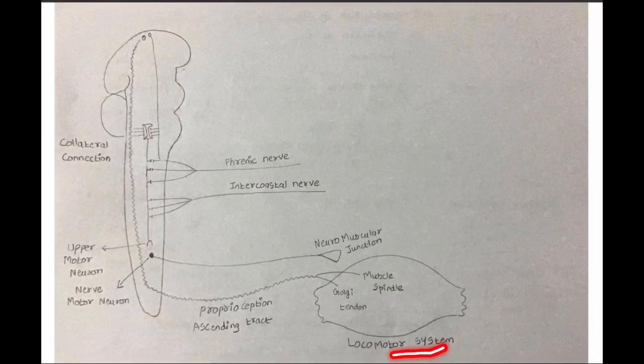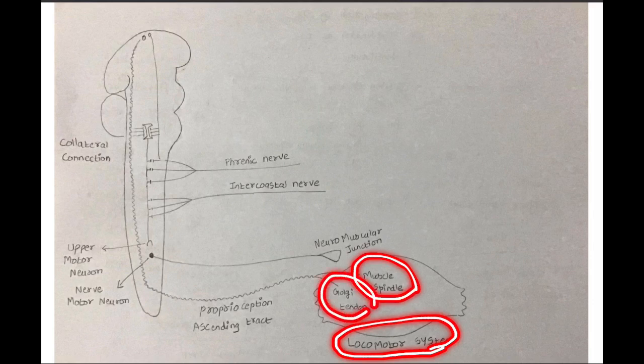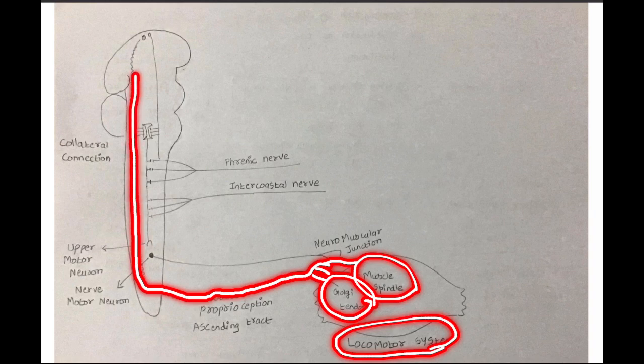So this is what happens first, and during your exercise there is an activity already started from the locomotor system, such as your muscle spindle, Golgi tendon, then your joint capsule, then ligaments. The sensory neurons from this locomotor system combine, and it will go as a proprioception receptor signal through the ascending tract through the brainstem and go through the corticospinal pathway to the cerebral cortex.